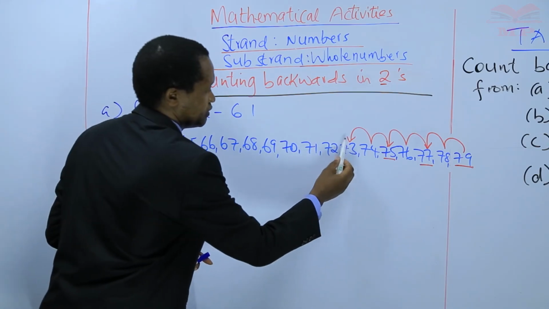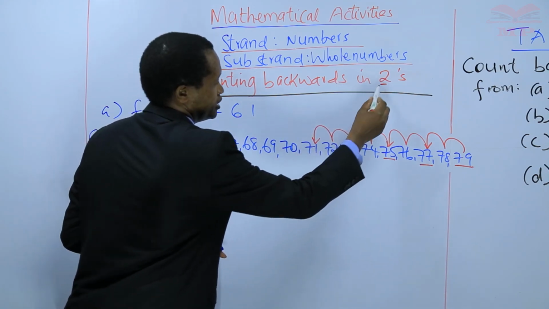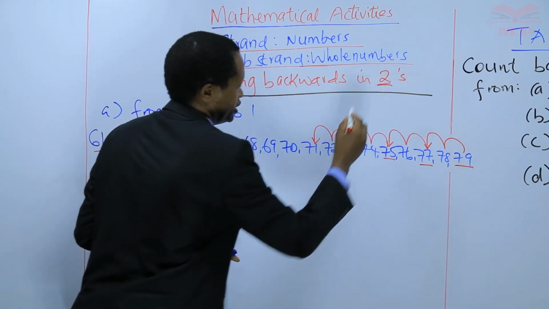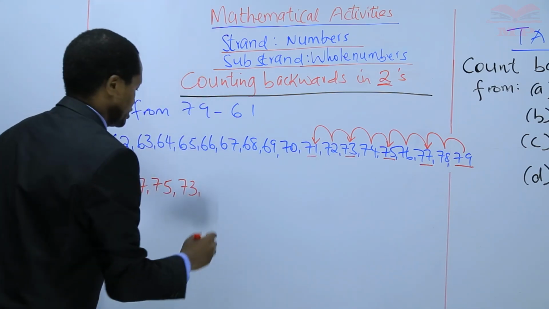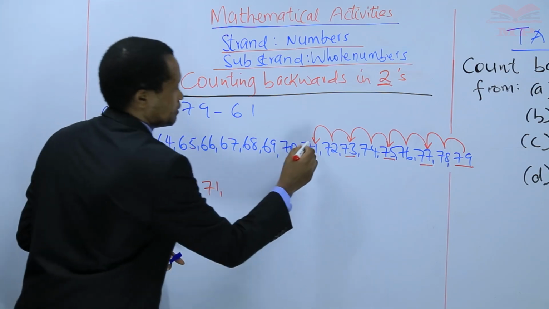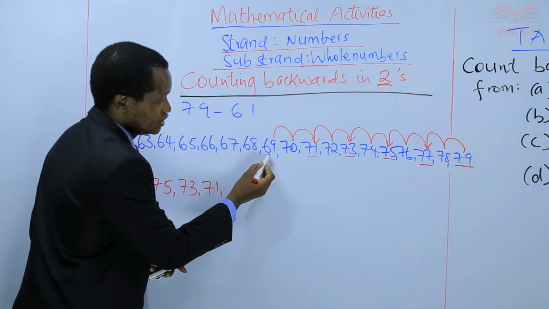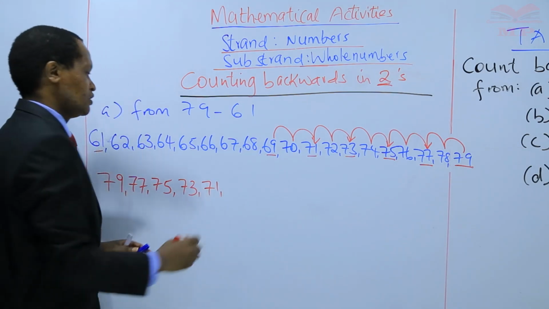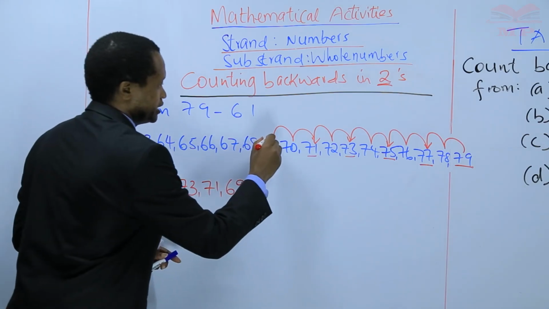After 73, 1, 2, 2 times, we are counting in twos. After 73, we have 71. So we write 71. Then learners, 1, 2. This is 69. So I write 69.